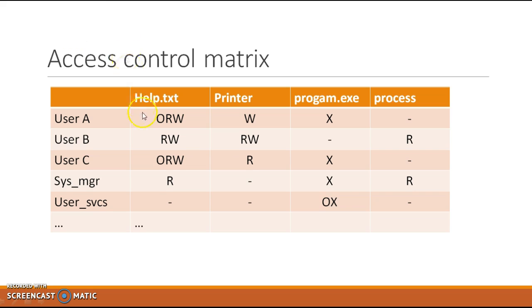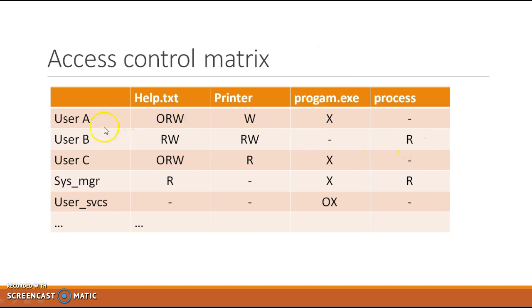So user A has three rights on the help.txt file. Similarly, user A has only one right on the printer, that is W, write. And X means executable right. So user A has executable right on program.exe, so he can execute program.exe, while user B cannot execute program.exe.